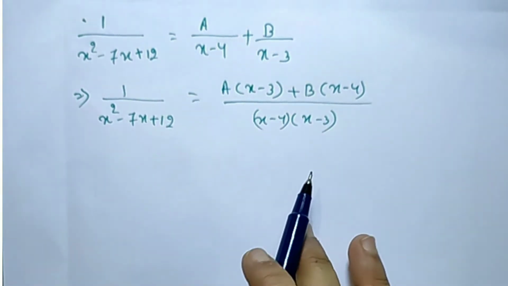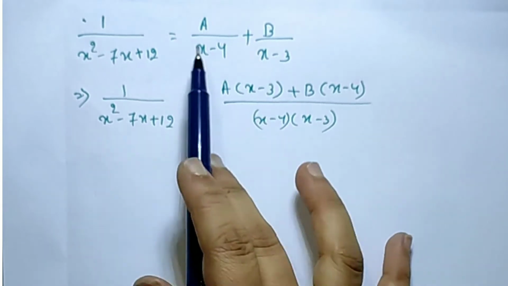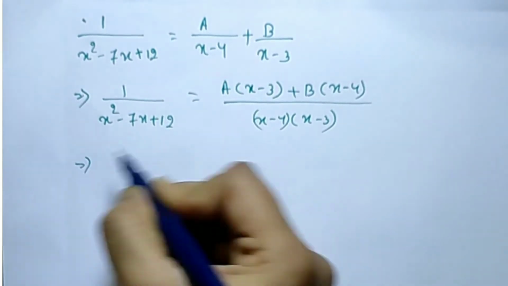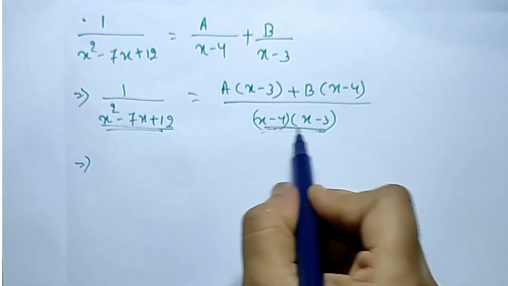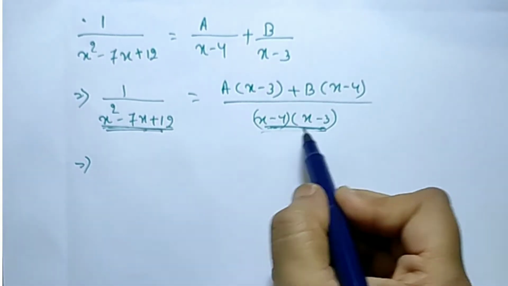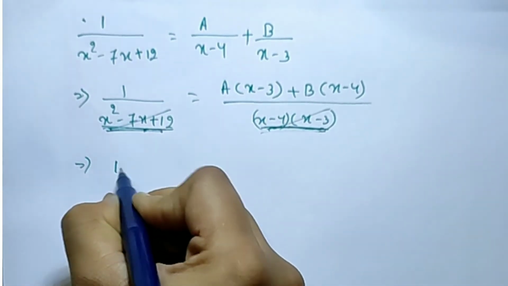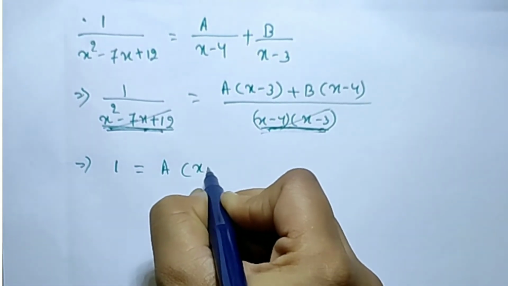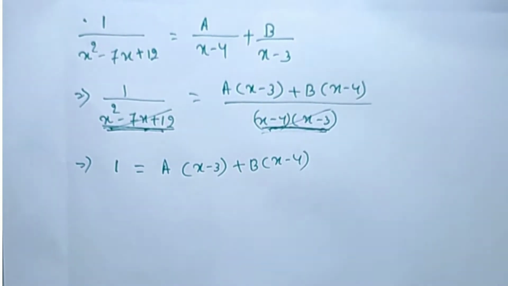Taking the LCM of these two terms, we can find this term. By multiplying these two terms we will find this one, so the denominator will be cancelled out. 1 is equal to a into x minus 3 plus b into x minus 4.